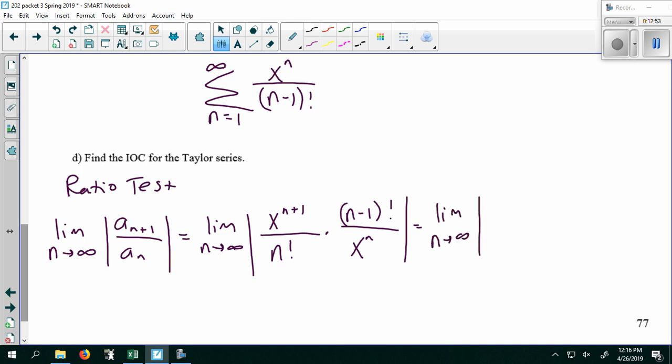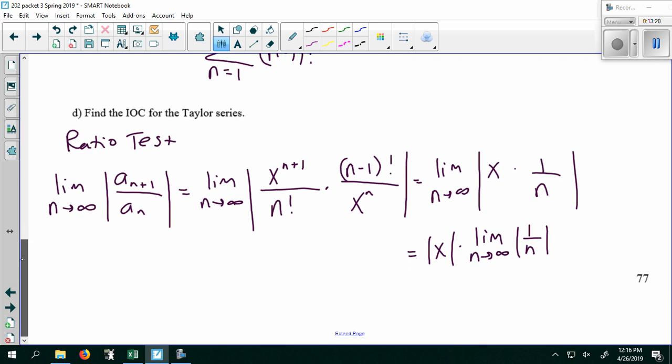Okay, n plus 1, x to the n plus 1 over x to the n simplifies to x. And then n minus 1 factorial over n factorial reduces to 1 over n. Take the absolute value of x out of the limit. And the limit as n goes to infinity of 1 over n is 0.